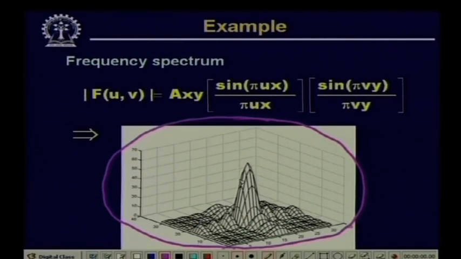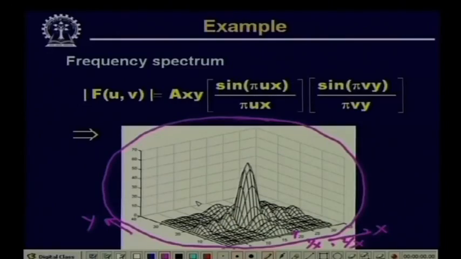If this is the x axis and this is the y axis, assuming the center to be at the origin, along the x axis at points 1 upon capital X, similarly 2 upon capital X, the value of this Fourier spectrum will be equal to 0. Similarly, along the y axis at values 1 upon capital Y, 2 upon capital Y, the values of this spectrum will also be equal to 0.